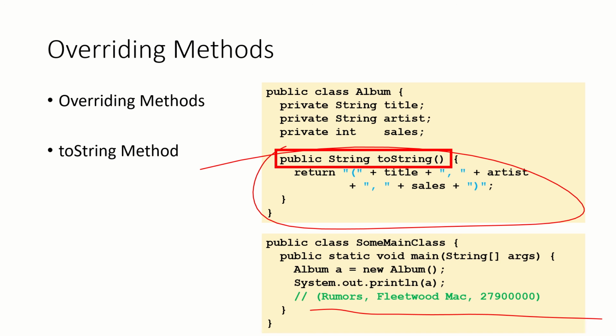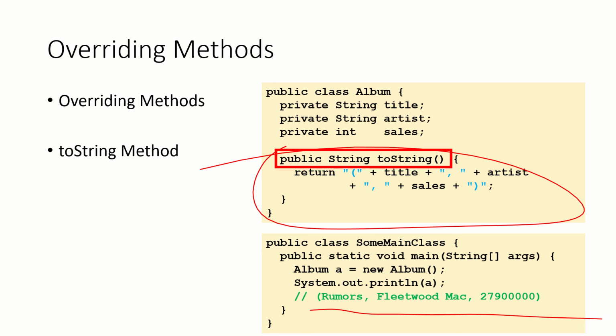Yes, with different parameters. Same method name with different parameters. Different parameters means a different number of parameters, a different order of parameters, or different data types of parameters. But they exist using the same method name.